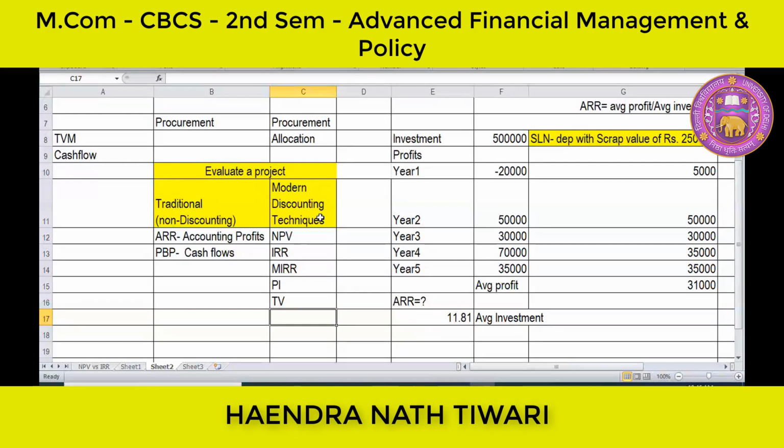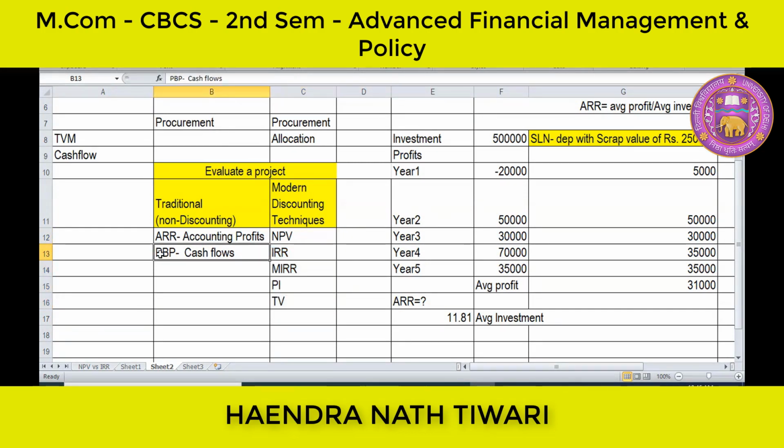These are commonly used methods of project evaluation that use discounted cash flows that give importance to time value of money. The real difference between traditional methods and the modern or non-traditional methods is that these give importance to time value of money, where the traditional ones miss this.